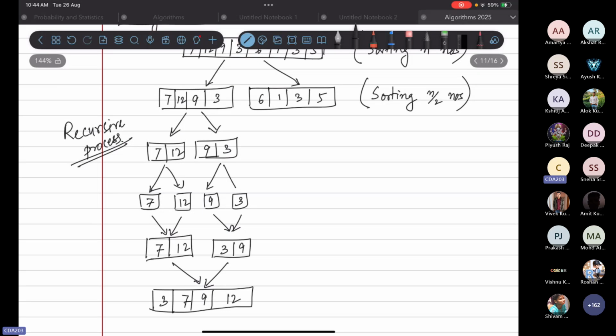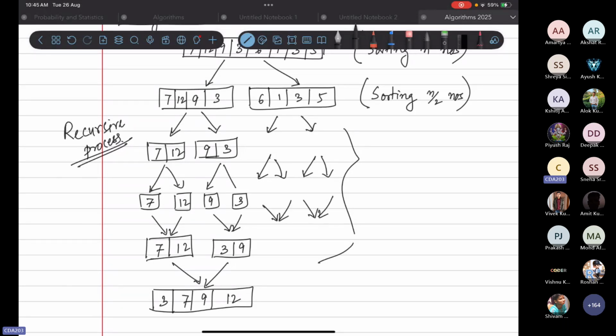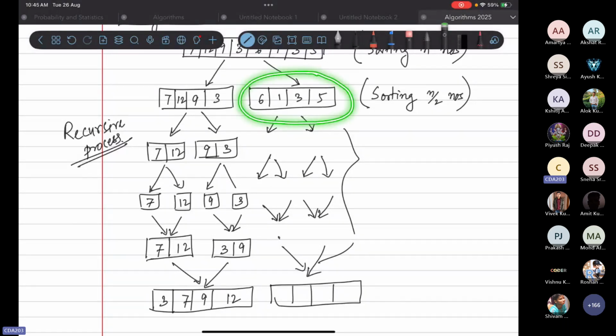Then this part will again be done similarly. This will be divided, and these will be divided further. I'm not writing it out, but after that, these two will be combined, and then these will be combined to get the solution of this particular subproblem.